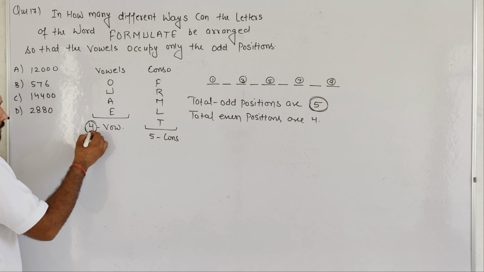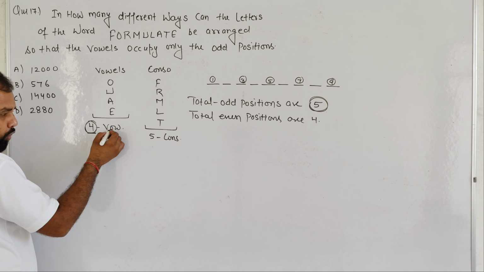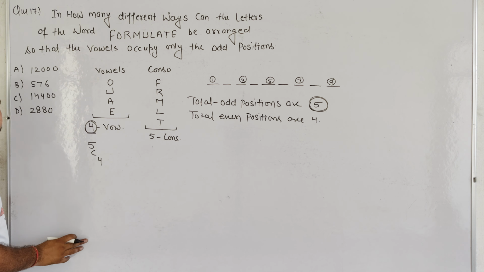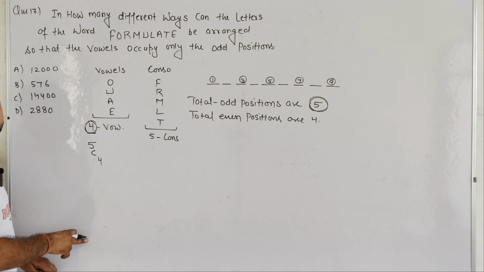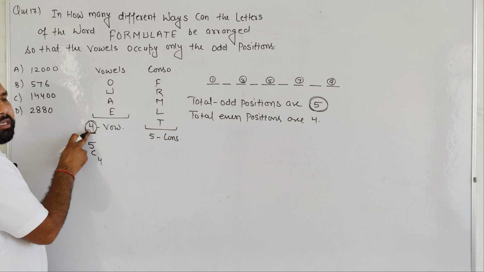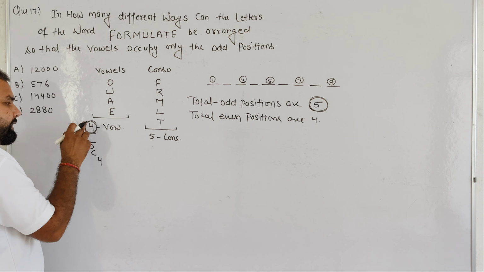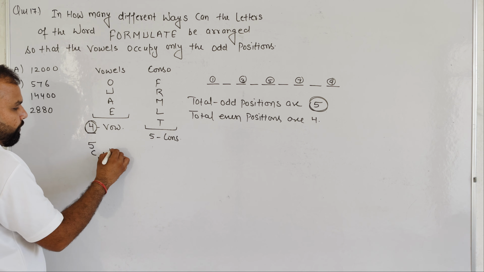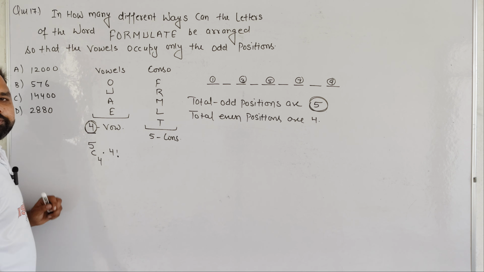So 5C4, and for arranging these 4 letters, we multiply by 4 factorial.